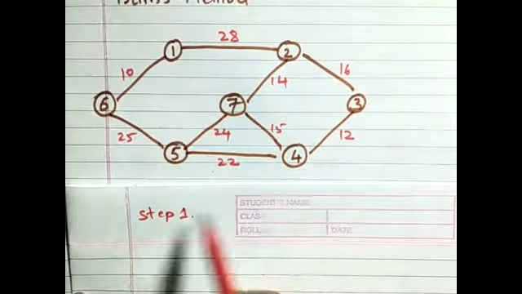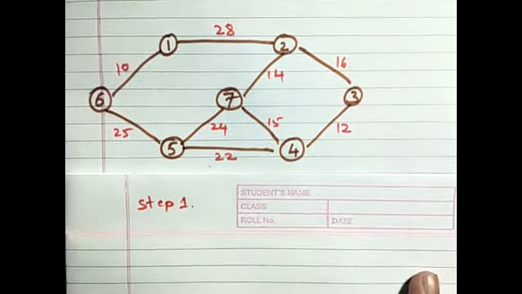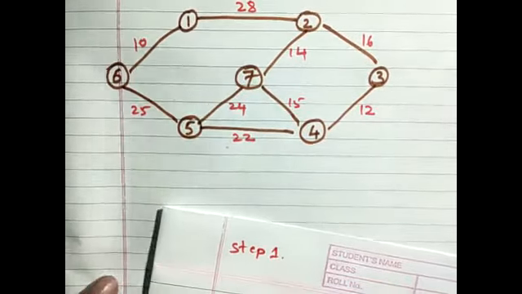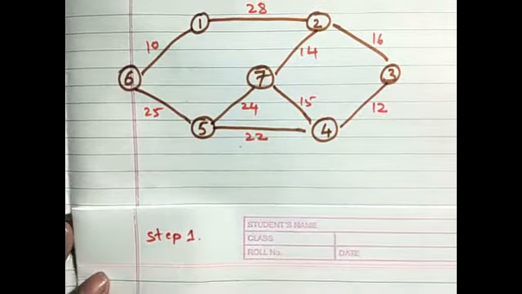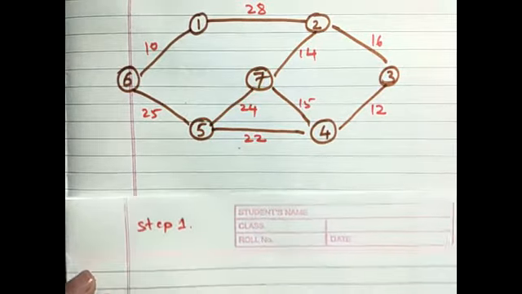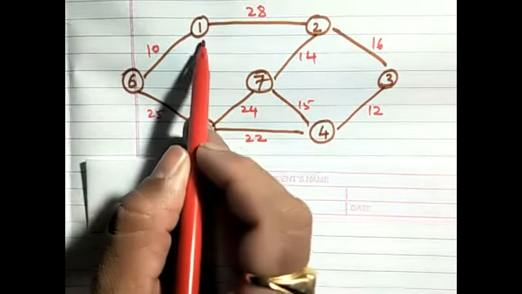We have here a total of 7 vertices. We can start from any one of the vertices. Let us choose the vertex number 1 itself. Suppose in your examination you get different vertices like 1, 2, 3, 4 or A, B, C, D, it's better that you start with vertex A or the vertex labeled as 1. Okay. Now, in step 1, I can start from vertex 1.